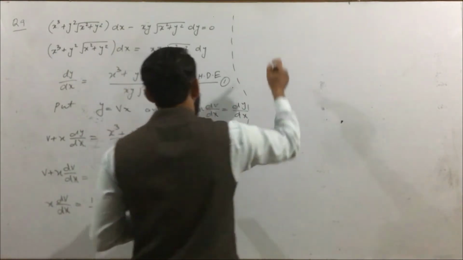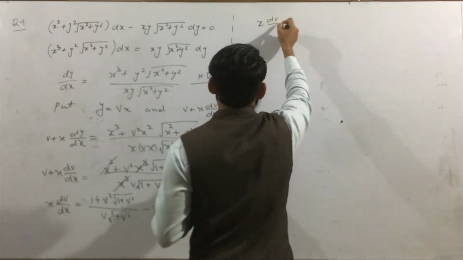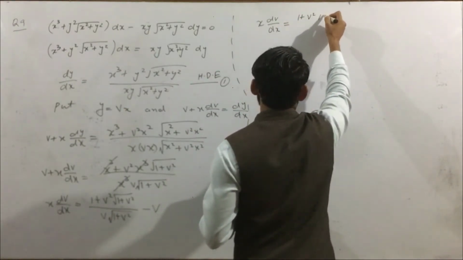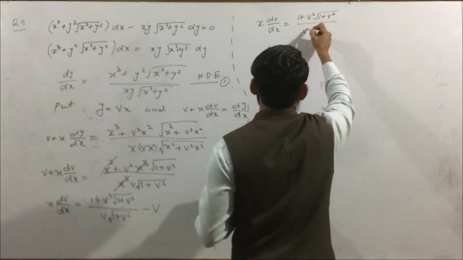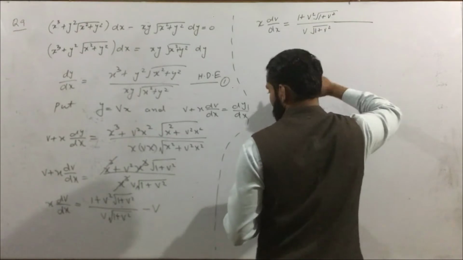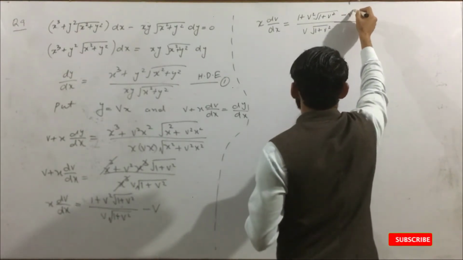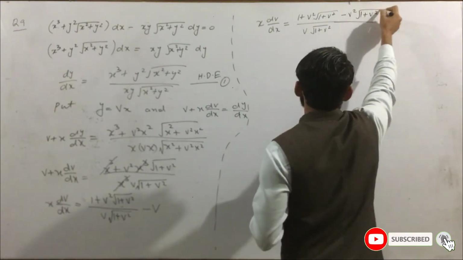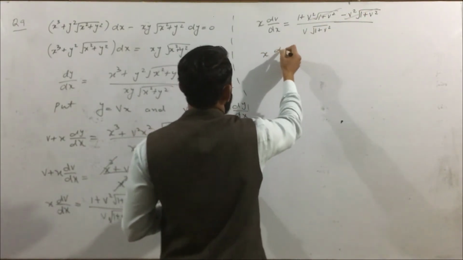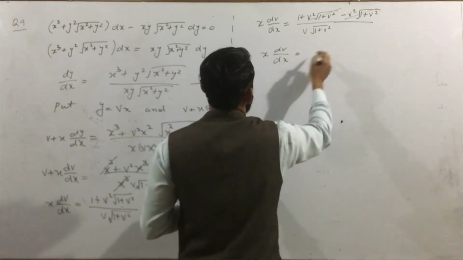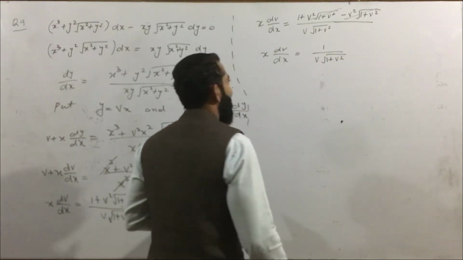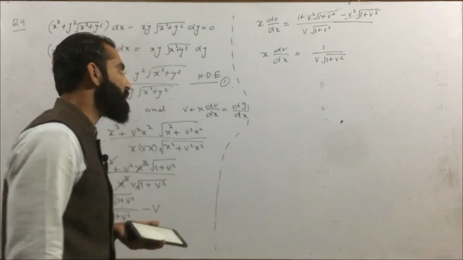Solving this by taking LCM, x dv over dx is equal to 1 plus v square into square root of 1 plus v square divided by v square root of 1 plus v square, and minus v square root of 1 plus v square. These terms will cancel out and x dv over dx is equal to 1 over v square root of 1 plus v square. Now we can separate the variables of v and x.